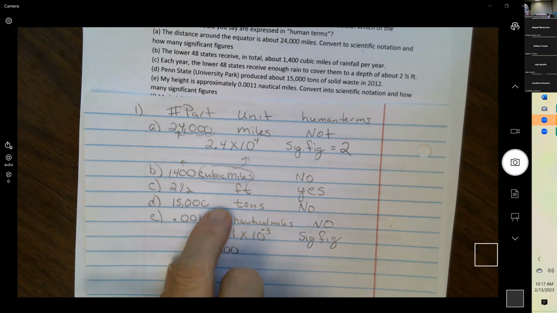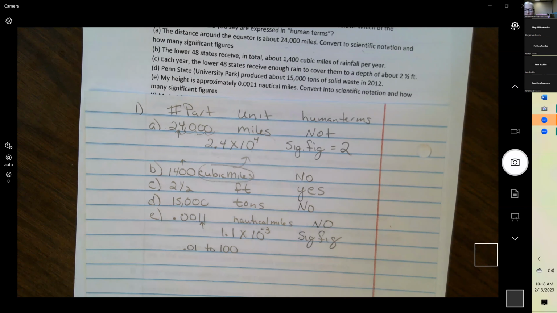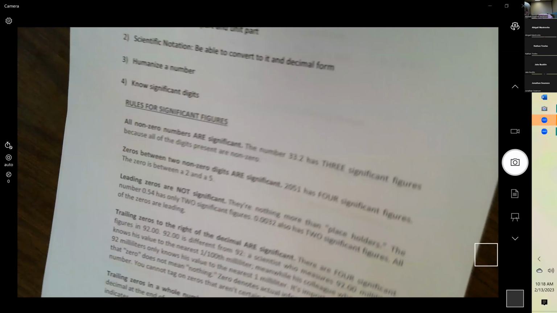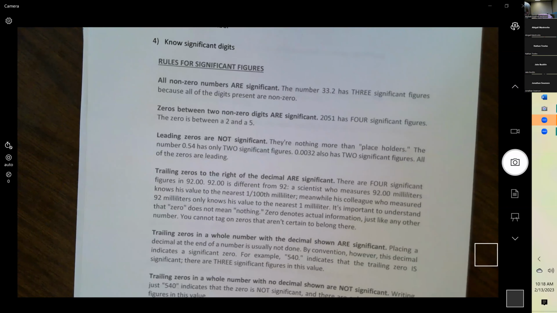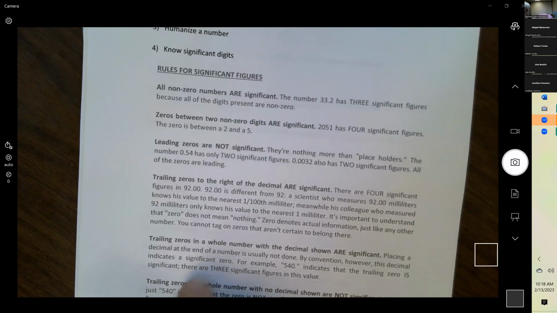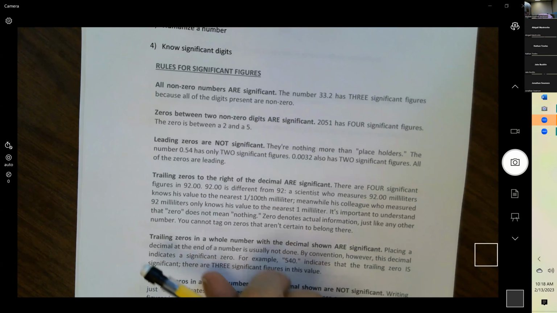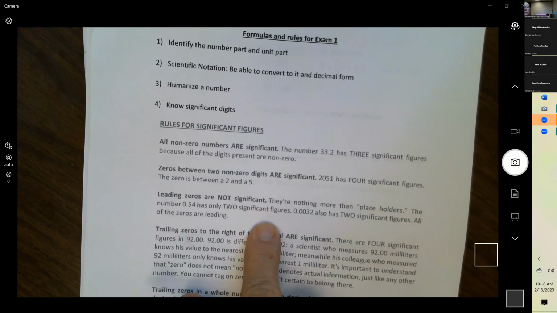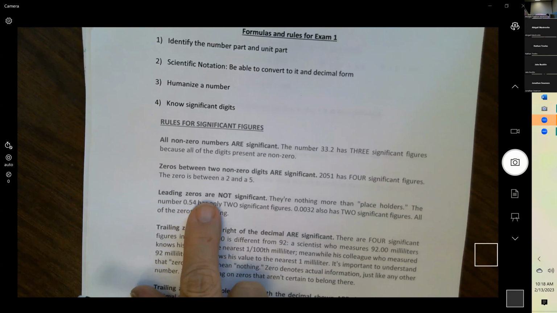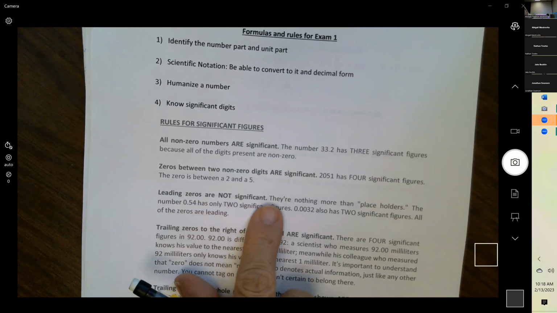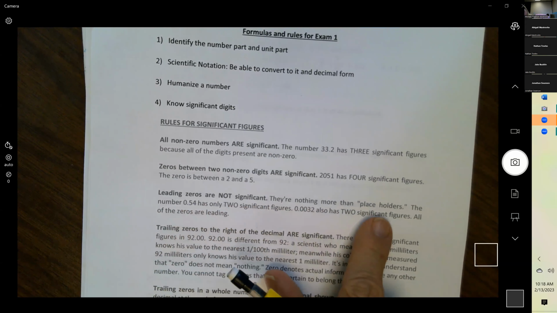Now we know there's either 2 or 4. So if we look at this rule, which one was it? I just saw it. This one. Leading zeros are not significant. They're neither more than the placeholders.